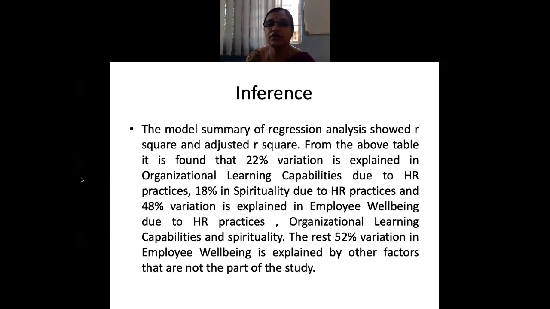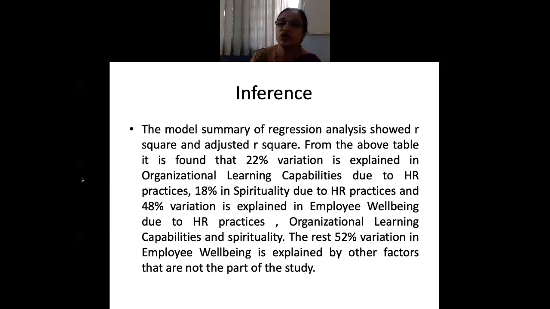From the above table, it is shown that 22% variation is explained in organizational learning capability due to HR practices, 18% in spirituality, and 48% in employee well-being. The rest 52% of the employee well-being is explained by other factors which are not a part of the study.